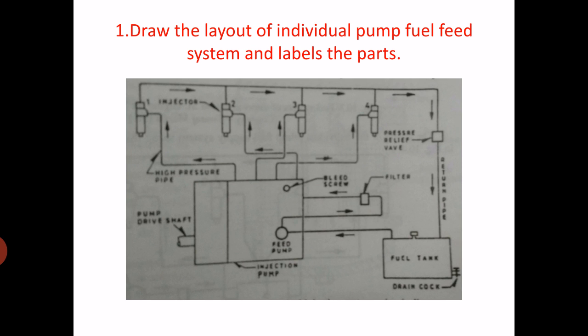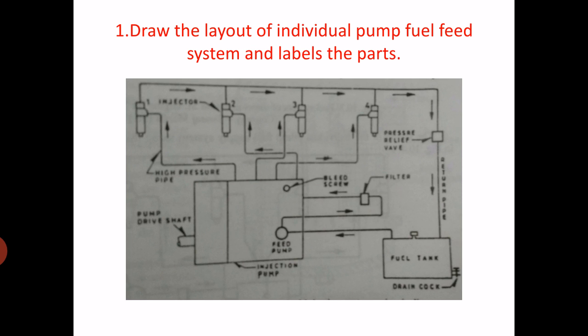So the fuel feed pump is operated by the camshaft. This fuel feed pump draws the fuel from the fuel tank through the filter and supplies it to the FIP, and the FIP is operating continuously. Inside that we have the plungers.